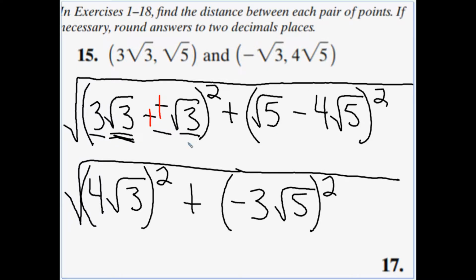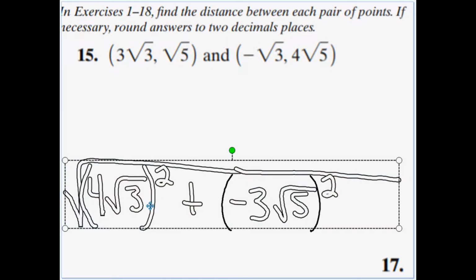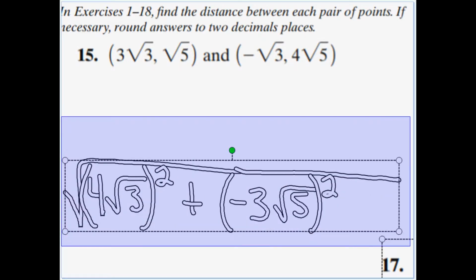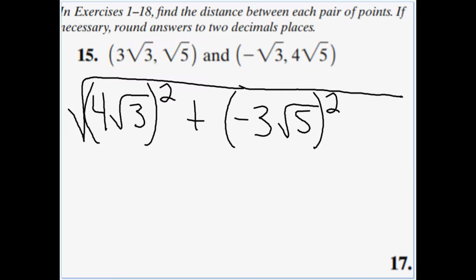Like here, 3x plus 1x would be 4x, but the x's are now roots of 3. Okay, if you're going to make a mistake, usually here is where it's going to occur. You know, we're squaring a number that has a whole number part and a radical part.